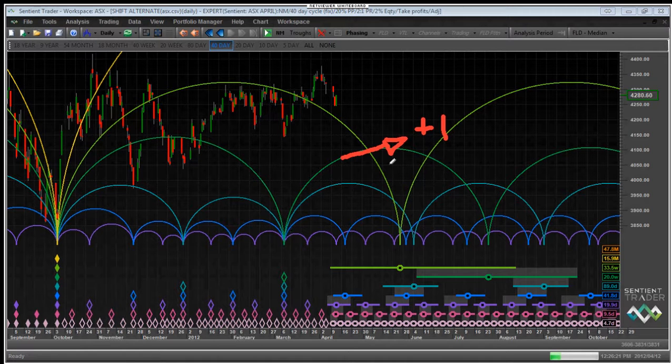Okay, so yes, they're very useful for getting an idea of what the cycles are doing, but they're a very rough estimation. Because of the cycle they go up and half the cycle they go down, and that's not necessarily what's really happening in the market. But it's useful for us to determine what's happening at the moment in the market.